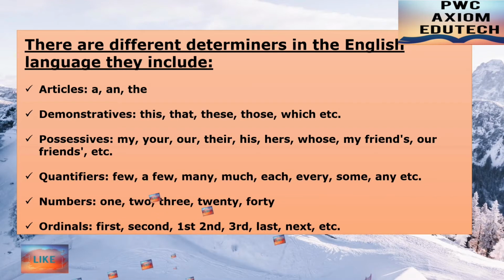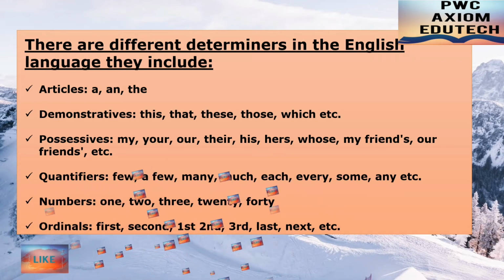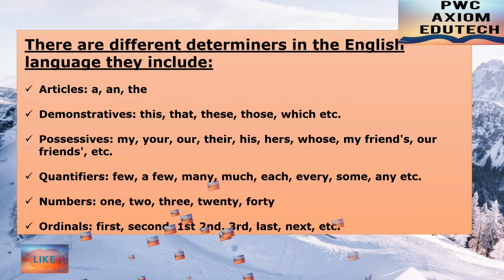Demonstratives: this, that, these, those, which, etc. Possessives: my, your, our, their, his, her, whose, my friends, our friends, etc. Quantifiers: few, a few, many, much, each, every, some, any, etc. Numbers: 1, 2, 3, 20, 40. Ordinals: first, second, third, last, next, etc. So these are all called determiners.